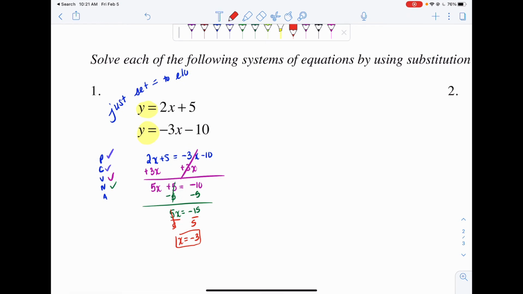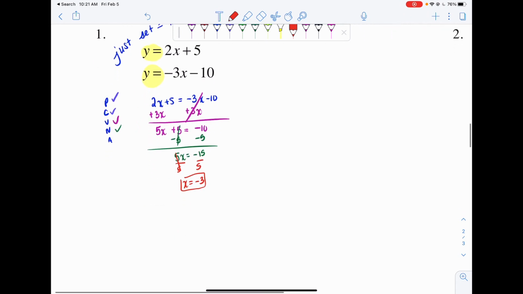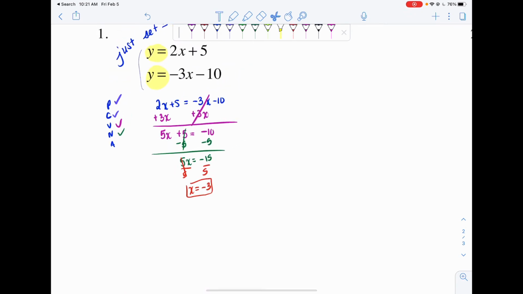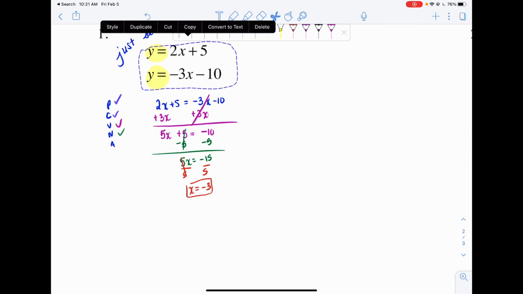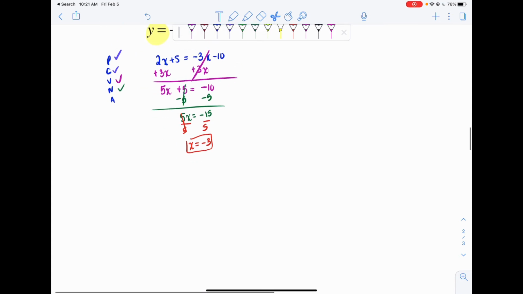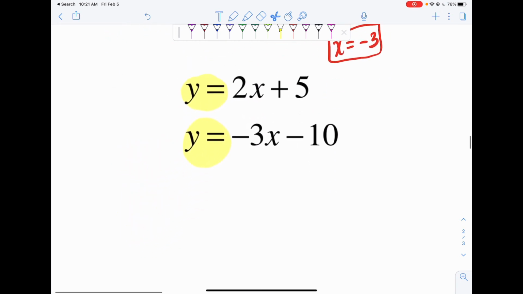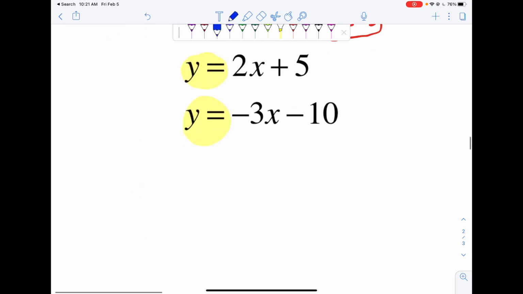What's nice is I can plug it into either equation. I'm going to plug it into both, actually, just to show you that I'll still get the same answer. So I have 2 equations. I have my y equals 2x plus 5, and my y equals negative 3x minus 10. So I'm going to plug in my negative 3 into the 2x plus 5.